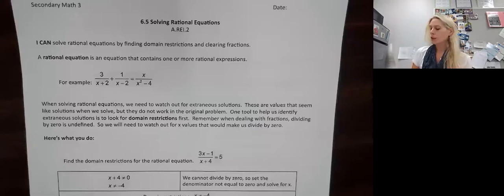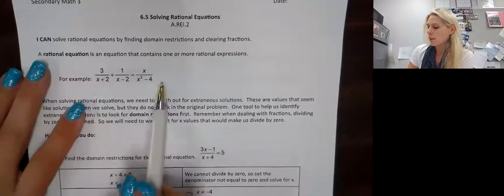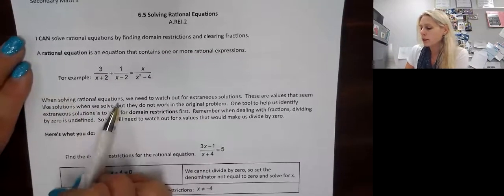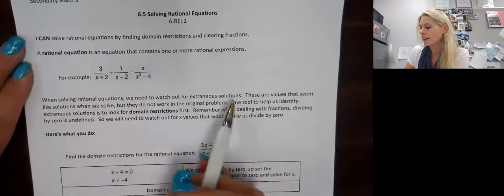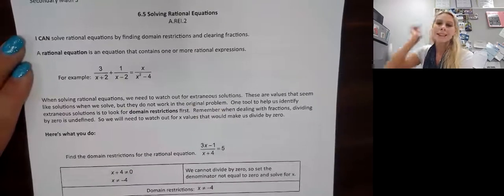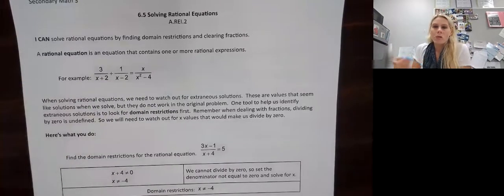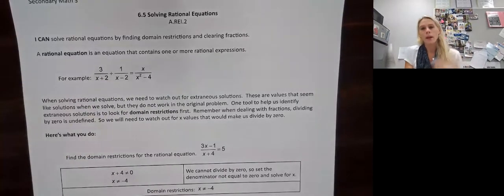What we need to do is look at a problem, an equation just like this. When solving rational equations, we need to watch out for extraneous solutions. What that means is that in the denominator, there are things that we can't have happen. One of those things we've talked about in the past is that 0 cannot be in the denominator, right?